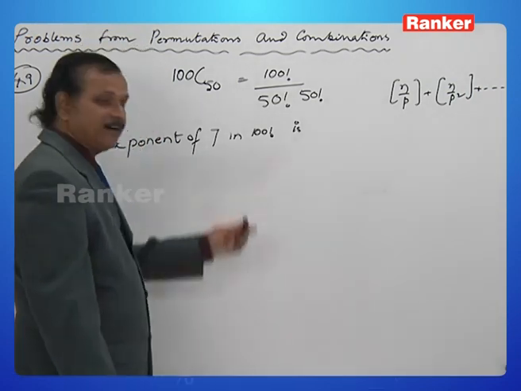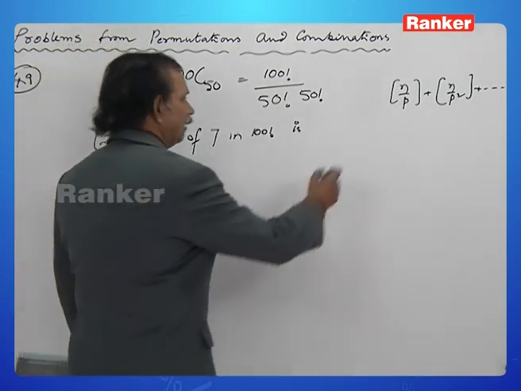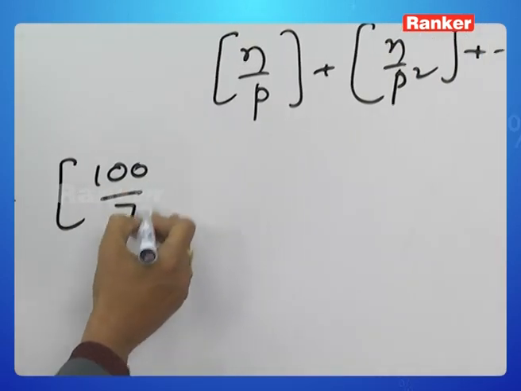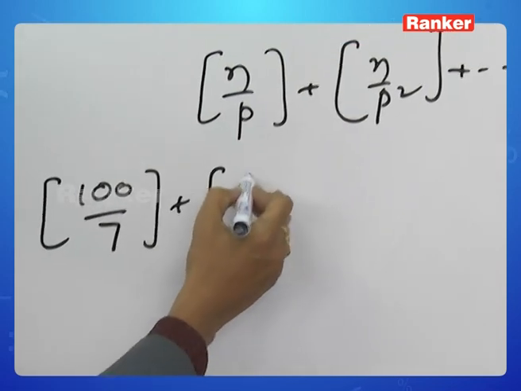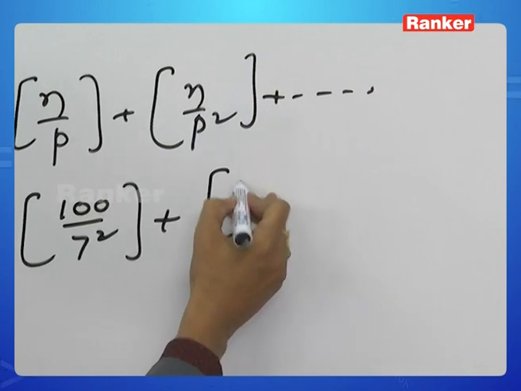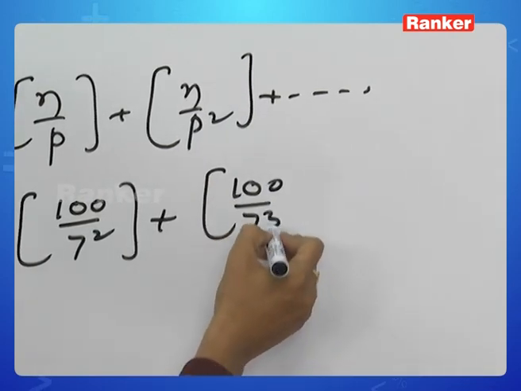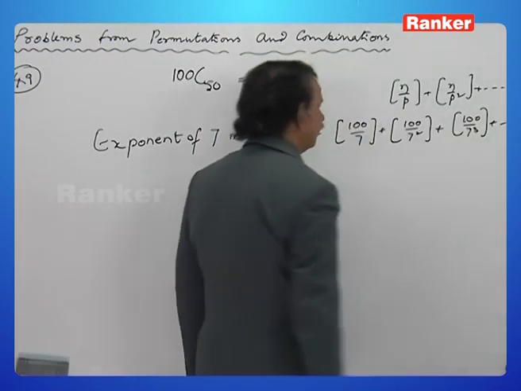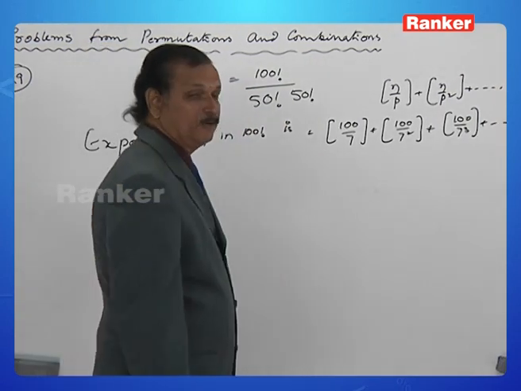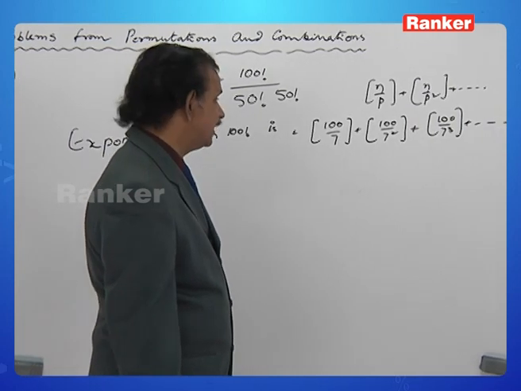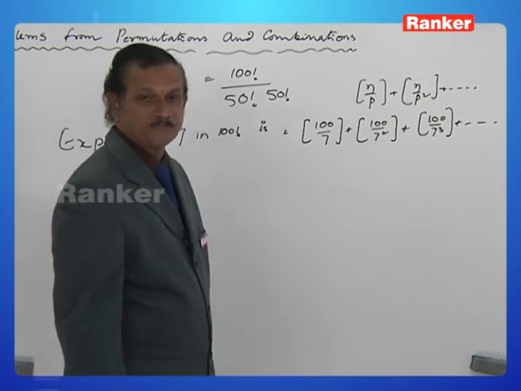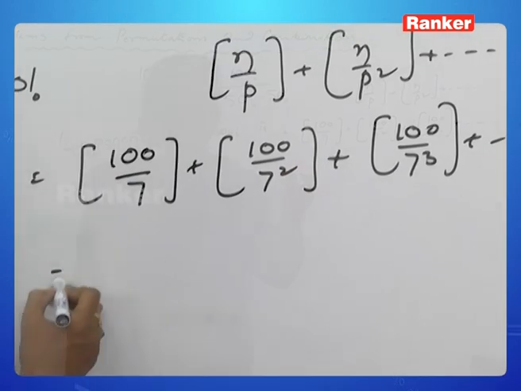Now, in 100 factorial we wish to have this. So, applying the same technique, this is the integral part of 100 by 7 plus the integral part of 100 by 7 square plus the integral part of 100 by 7 cube and so on. One thing is very clear. 100 by 7: how many times does 7 go in 100? 14 7s are 98. So 100 by 7 is 14 point something and its integral part is 14.